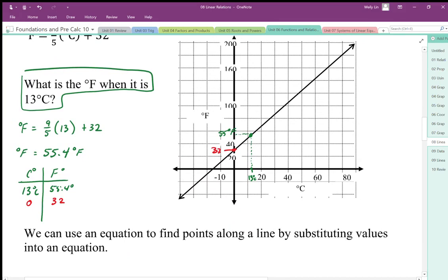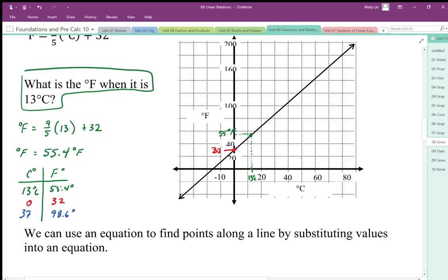I could figure out what body temperature is. So body temperature is about 37 degrees Celsius. If I plug that into my calculator, 9 divided by 5 times 37 plus 32, degrees Fahrenheit is going to give me about 98.6 degrees Fahrenheit.